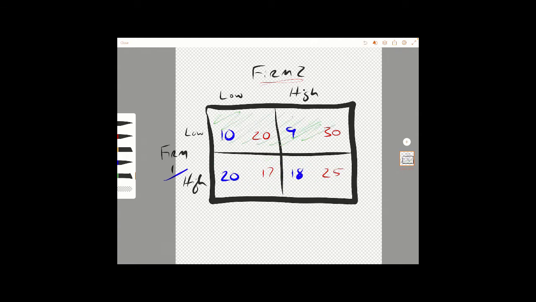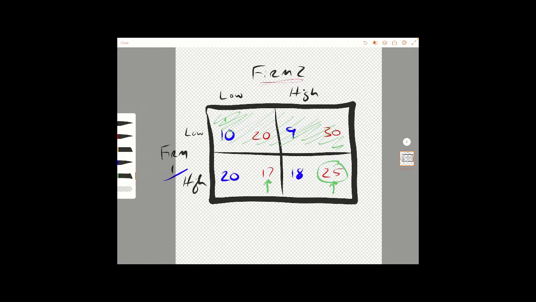Now, if we instead ignore this part up here, and firm 1 is going to produce high output, what's the best thing for firm 2 to do? They could produce low and go with 17, or they could produce high and go with 25.